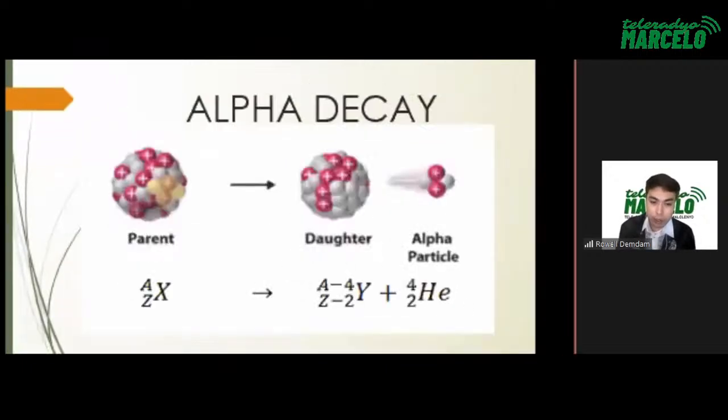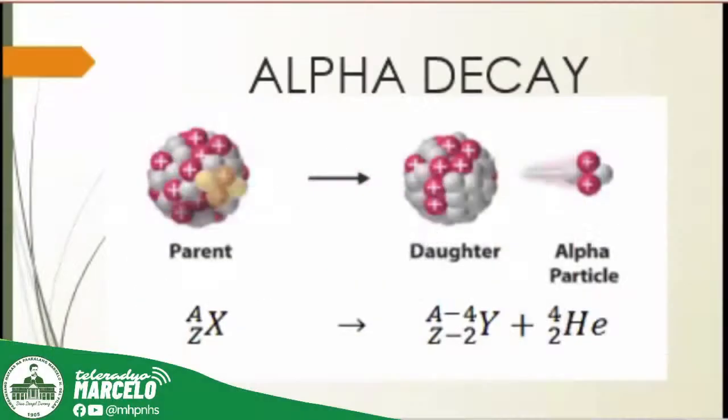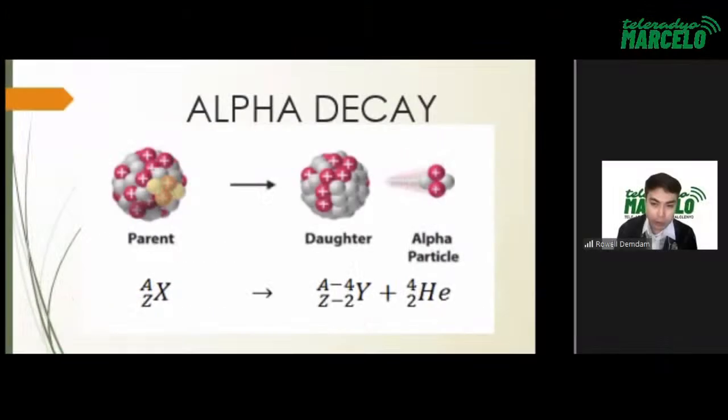So let us first have the alpha decay. Alpha decay is a type of radioactive decay in which the atomic nucleus emits an alpha particle, which is a helium nucleus, and it transforms into another atomic nucleus. In this type of decay, the mass of the daughter nucleus decreases by 4 and its charge decreases by 2.